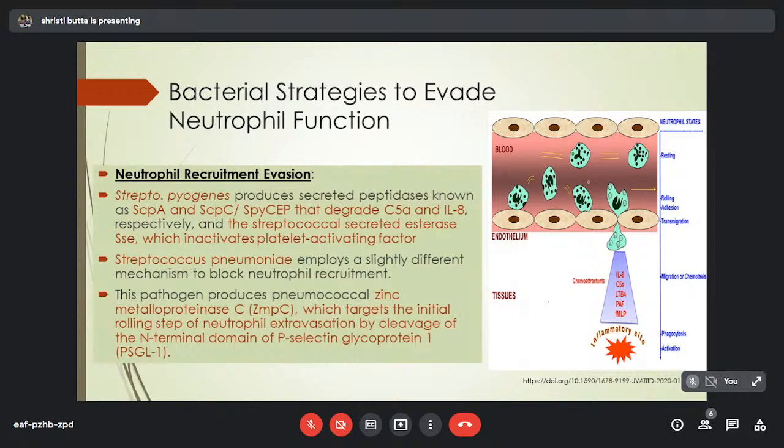So remember that the E-selectins are expressed on the surface of the endothelium, and the P-selectins on the surface of the platelets as well as on the endothelium. What is the function of the selectins? The selectins are involved in the rolling. So this initial step of rolling is disturbed in the case of Streptococcus pneumoniae.